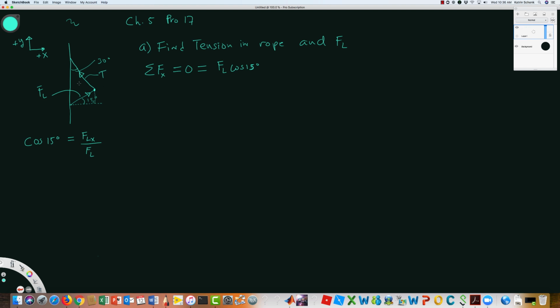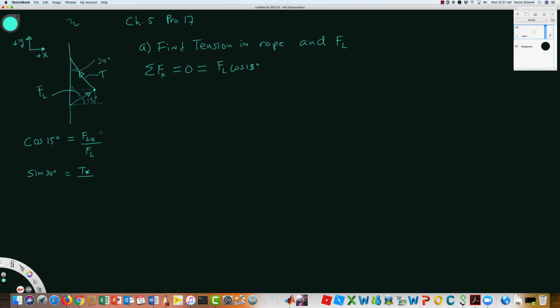Well, we have a component of the tension in the x direction. If I drop a perpendicular here with my right triangle, I can see that this component is not the cosine that I want, because it's the opposite side. So the sine of 30 degrees here is the opposite side, which is T sub x, over the hypotenuse, which is T. Just think of that T force as going all the way up here.